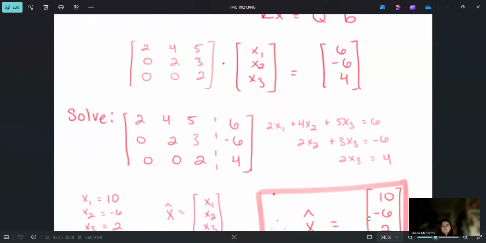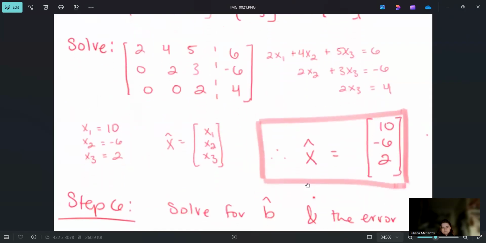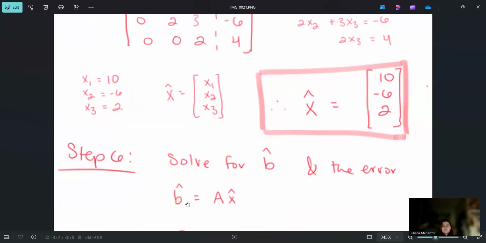So now that we have solved it, we want to find the error. To do this, we now have x hat. We just need b hat, because remember the error is the length of b minus b hat. And so we have b, we have A, we have x hat, because we just solved for it. All we need is b hat.